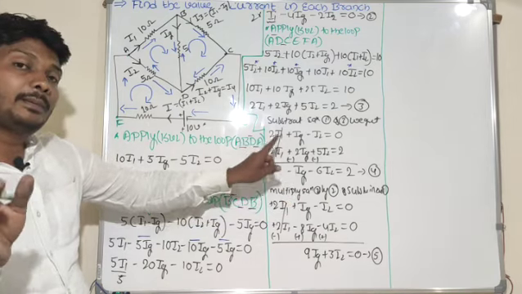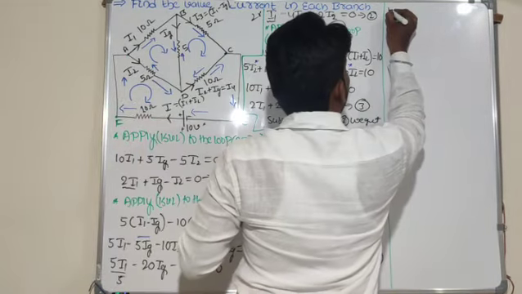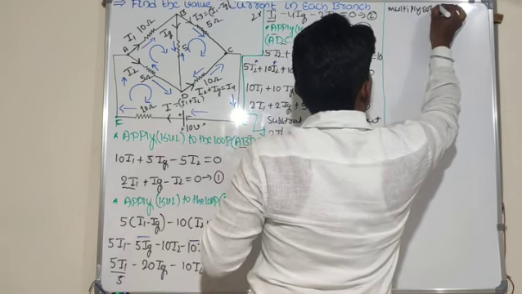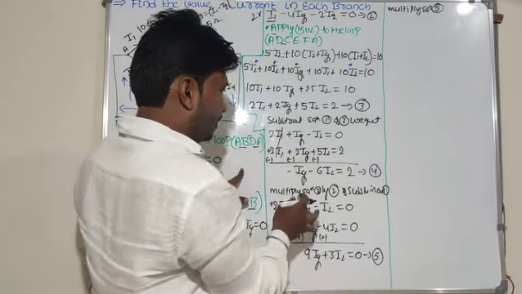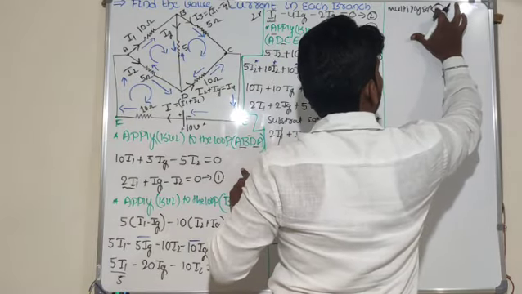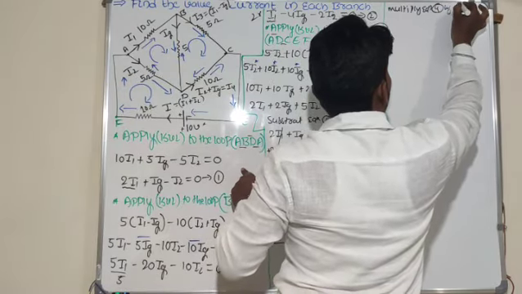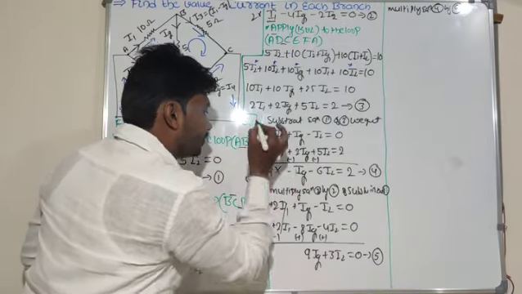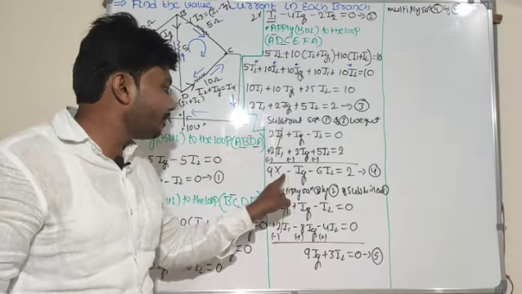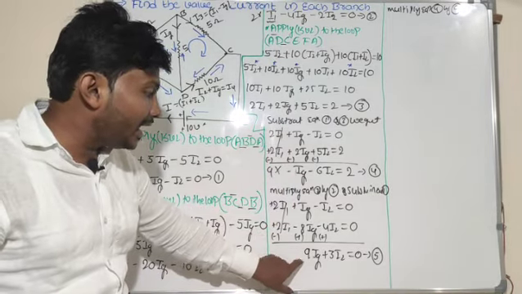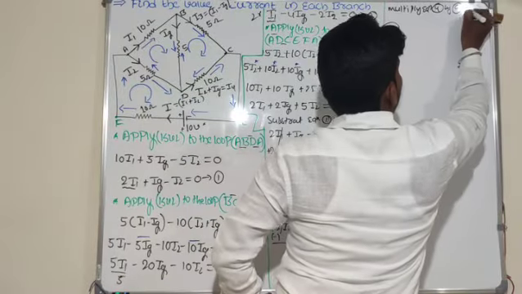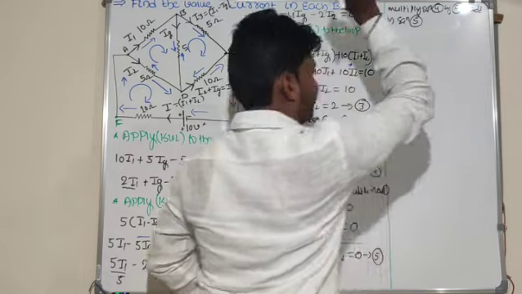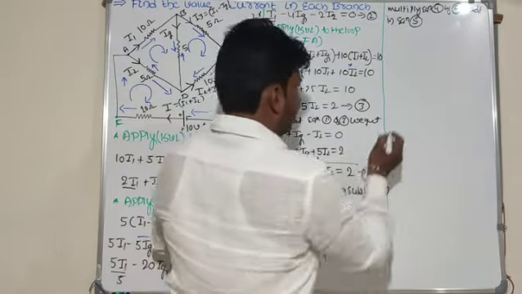Multiply equation 4 by 9 here. Then I will add it to equation 5.